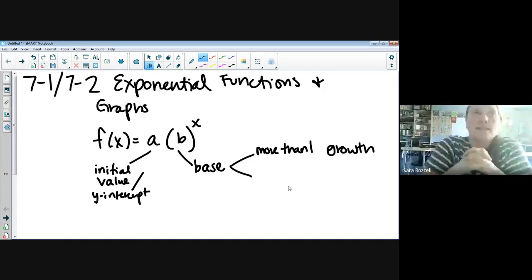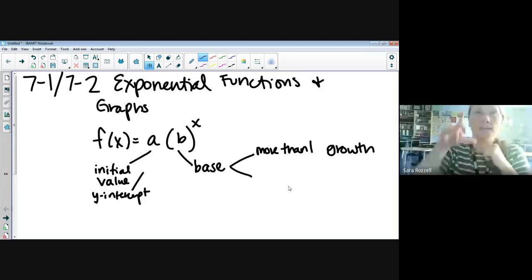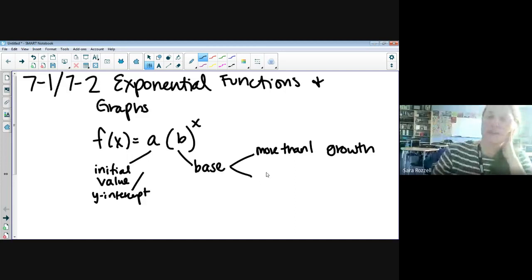If your base is between 0 and 1, that's like a half or a third, our numbers would be getting cut in half or getting cut in thirds or getting cut in fourths. Is that going to be getting bigger or smaller? If something's getting cut in half and then cut in thirds and then cut in fourths, what do you guys think? It's going to be getting smaller. So we call those a decay.